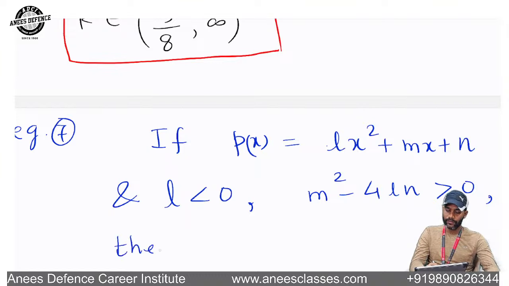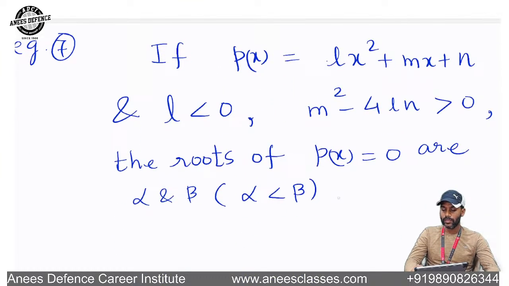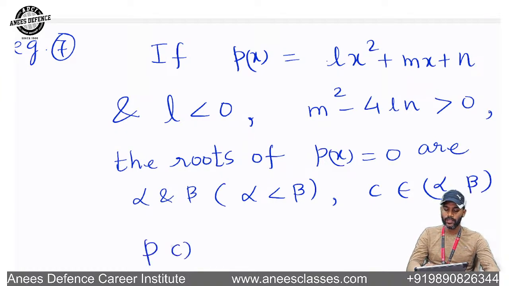And the roots of P of x equal to 0 are alpha and beta, where alpha is less than beta, and C is a number between alpha and beta. You need to tell me P of C is equal to what?